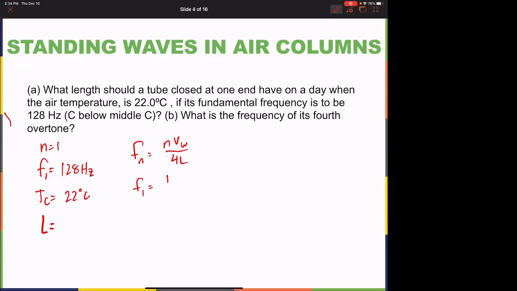Well, we need the velocity of sound. Remember the velocity of sound formula? 331 plus 0.6 times temperature Celsius. So we got 344.2 meters per second. So we have 1 times 344.2 over 4 times L. L is our goal.